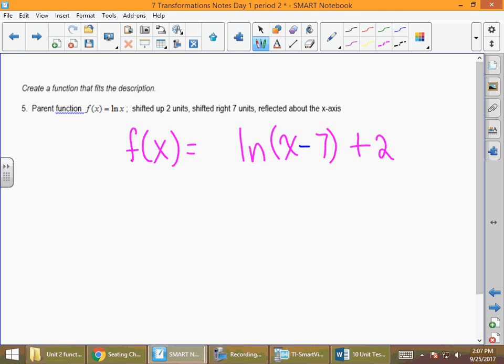Remember, we go the opposite way that we think we're going to go. And then the last piece here is that we're going to reflect about the x-axis. Well, reflecting about the x-axis means that we have a negative in front of the function. That's going to reflect us over the x-axis. So again, as you're reading these problems, think about, where is it going to go? Is the transformation going to go inside the function, or is it going to go outside the function?